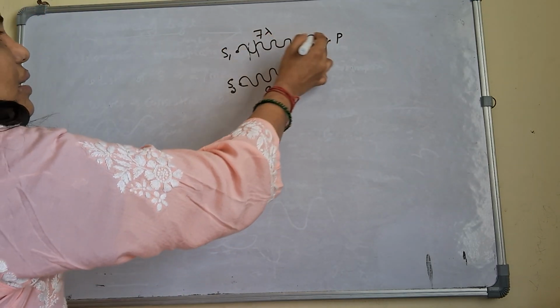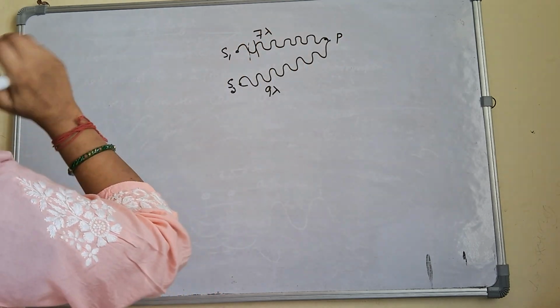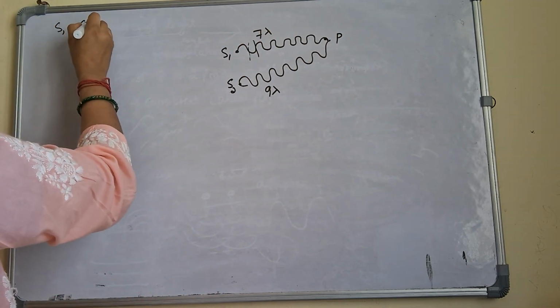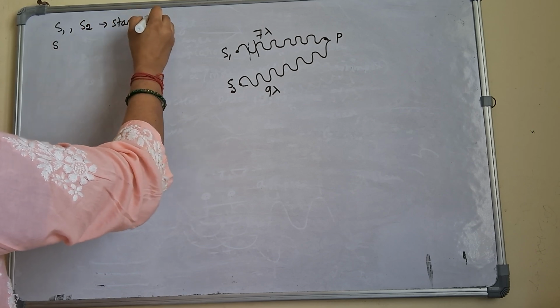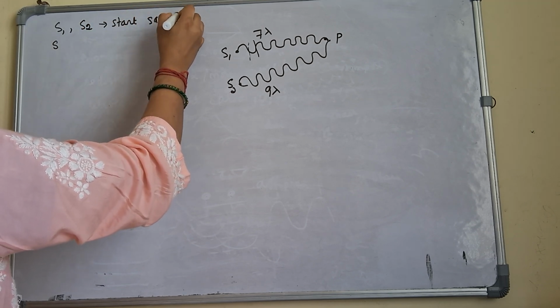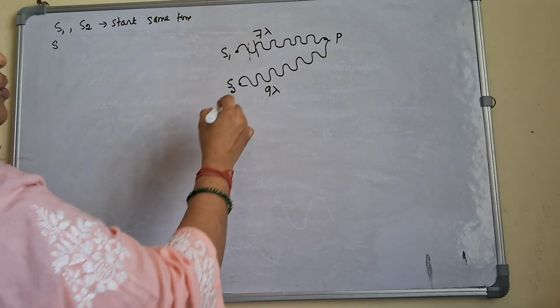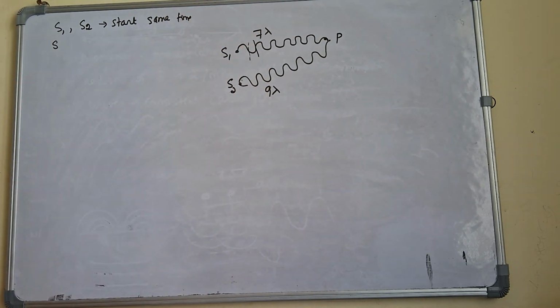Do you agree this point P is closer to S1? So you have two sources, S1 and S2, and both of them start at the same time. That means they are in phase, right? Time 0, both of them have started.